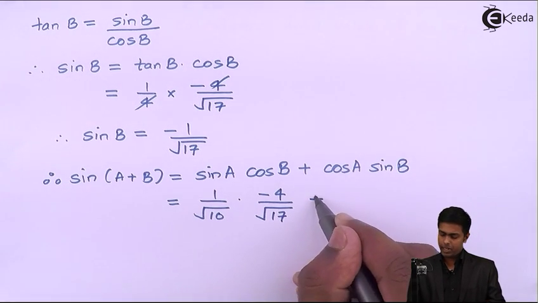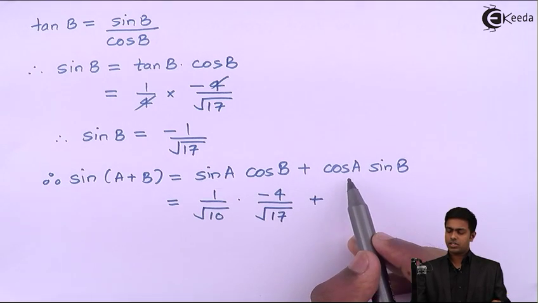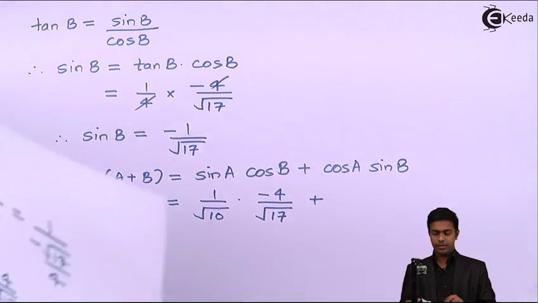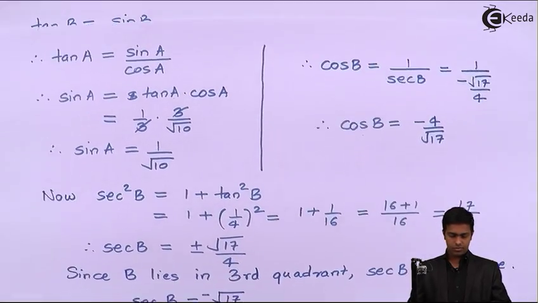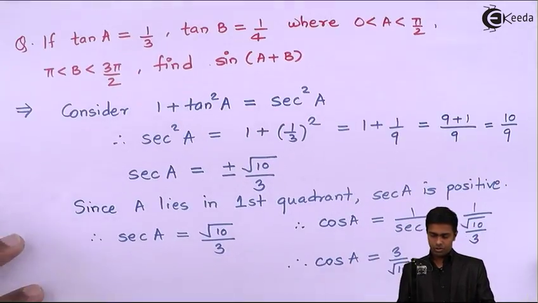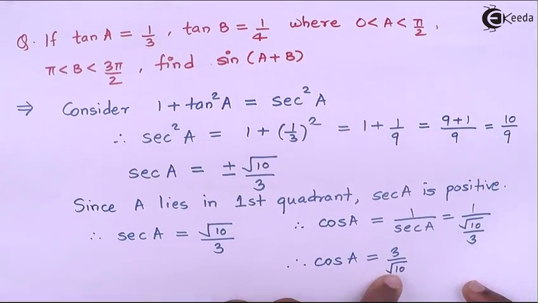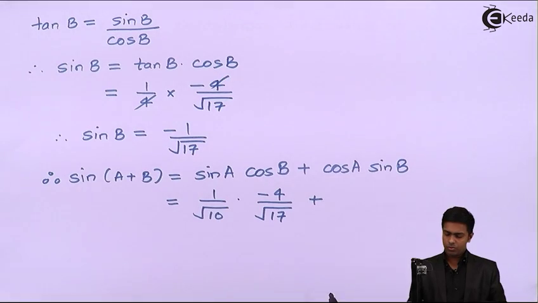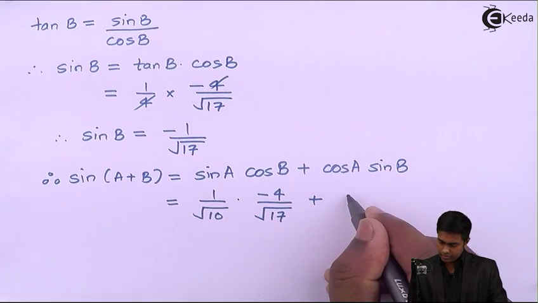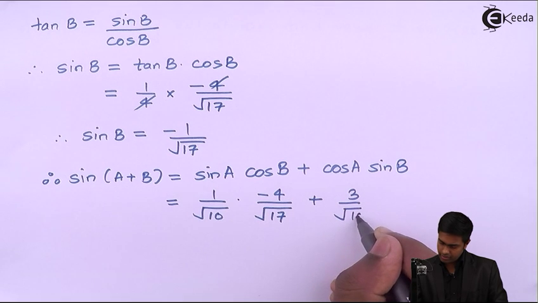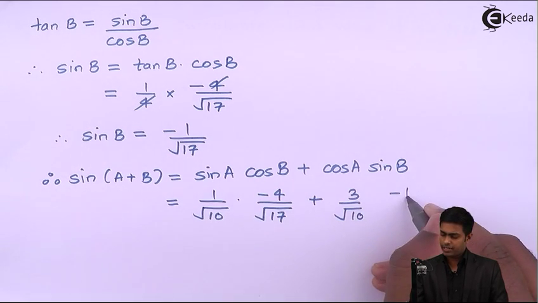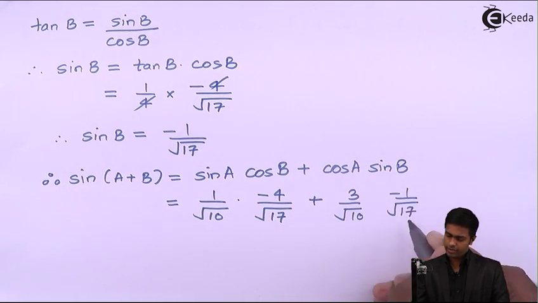Next, plus we want the value of cos A and sine B. We got cos A as 3 by root 10, so 3 upon root 10, and sine of B is minus 1 upon root 17.